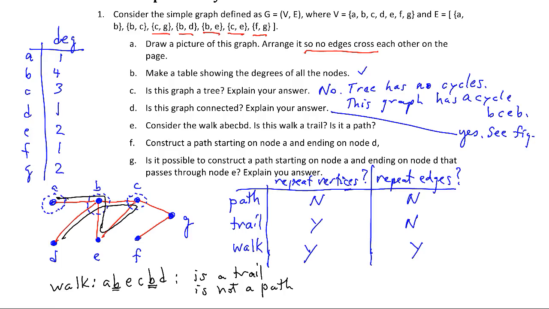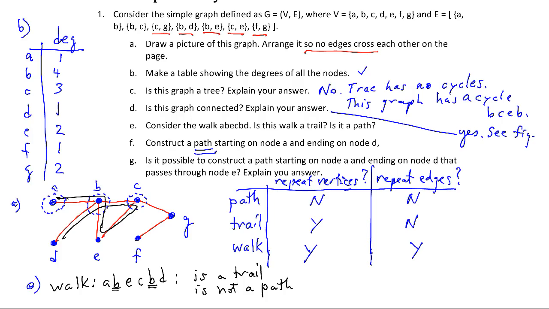Construct a path starting on node A and ending on node D. So this is part F; I did part E, part B, part A, part C and part D up here.